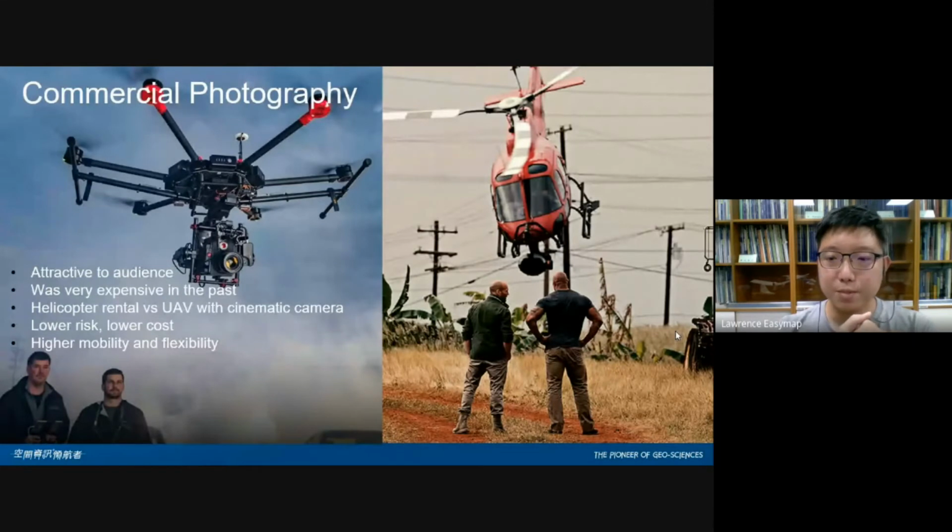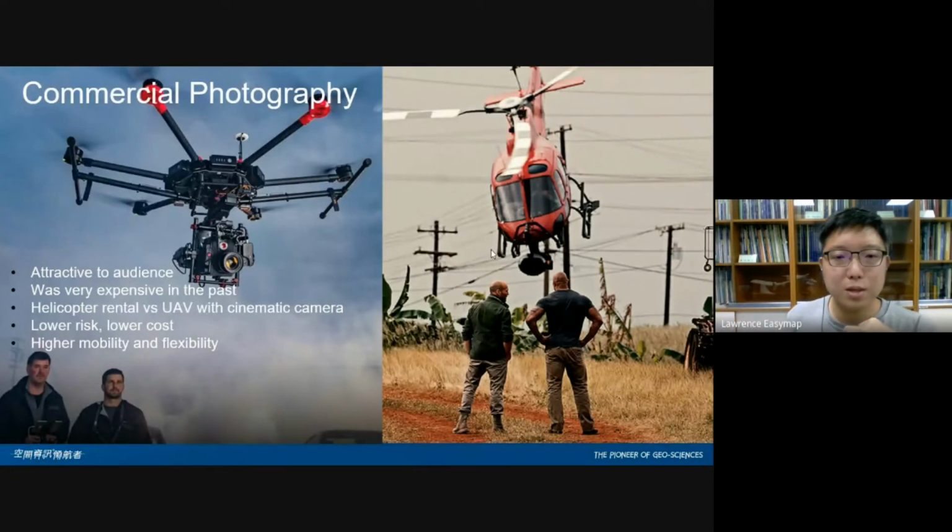It was very expensive, and of course very risky, particularly for areas with a lot of obstacles. Just like the picture here, you see a lot of power lines, and maybe the pilot was required to fly at a very low altitude to get some very nice shots. It can be very dangerous.